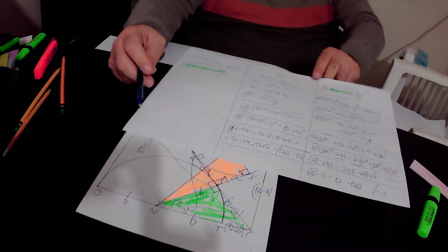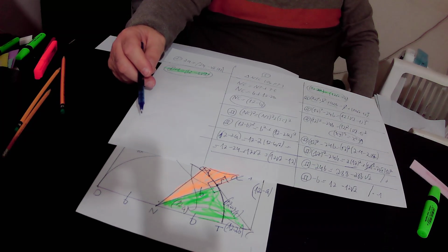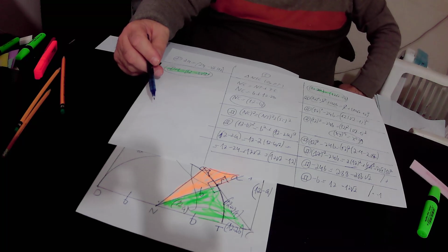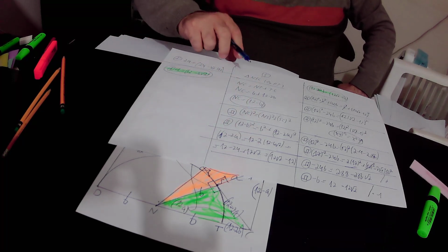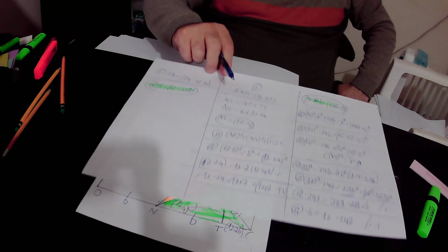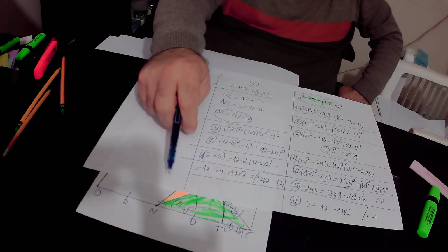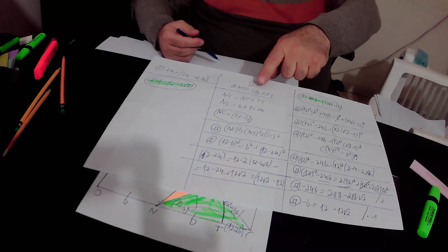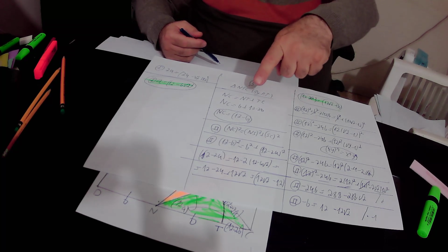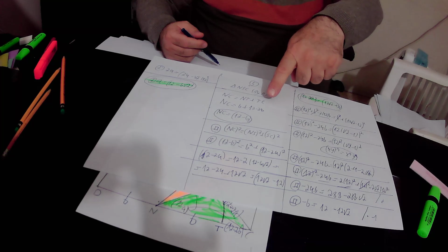Then we focus on the green right triangle, triangle NSC. But first of all, we find the hypotenuse NC of the right green triangle NSC. NC equals NT plus TC. But NT equals b and TC equals 12 minus 2b.